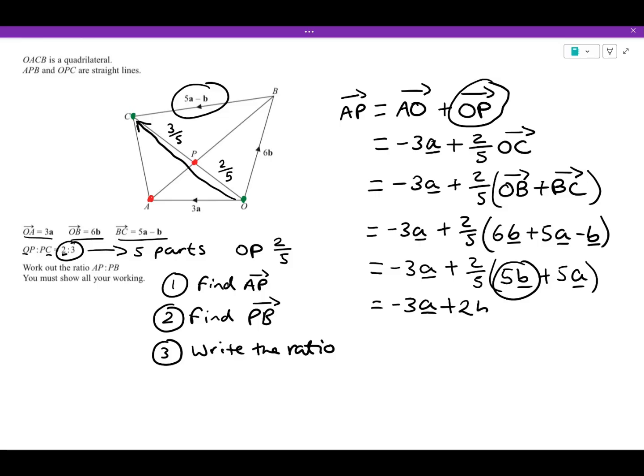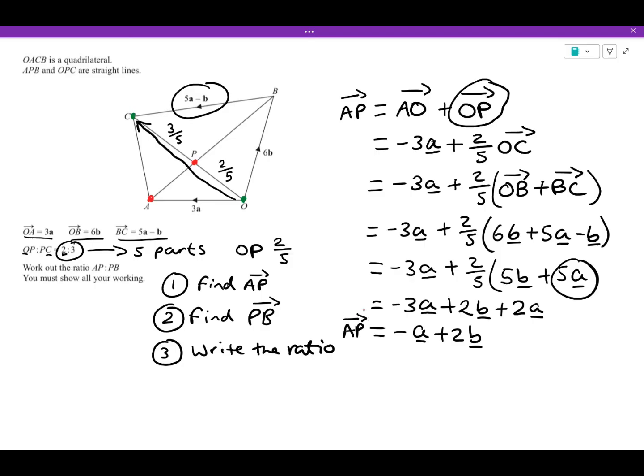So that's going to give me 2b. And then for my next term in the bracket, if I divide by 5, I get 1a, times 2, we get 2a, like that. Then simplifying further, negative 3a plus 2a gives me negative 1a. So I'm going to write negative a, and then that's plus 2b. So we've successfully found the vector AP.